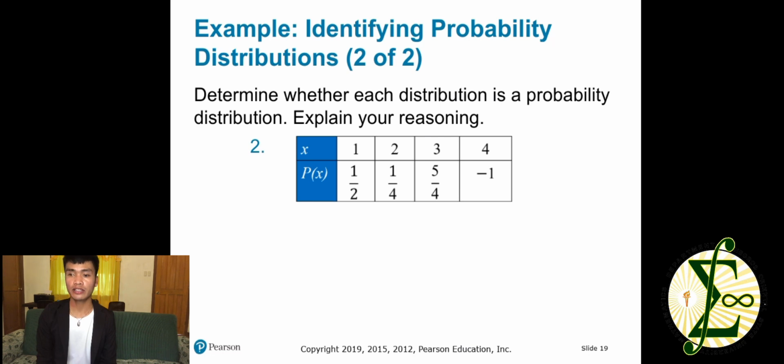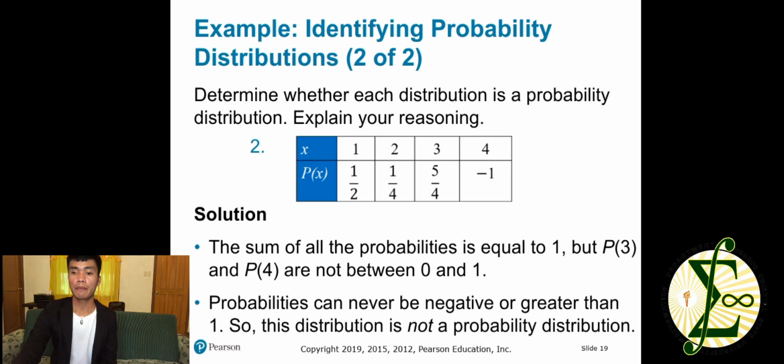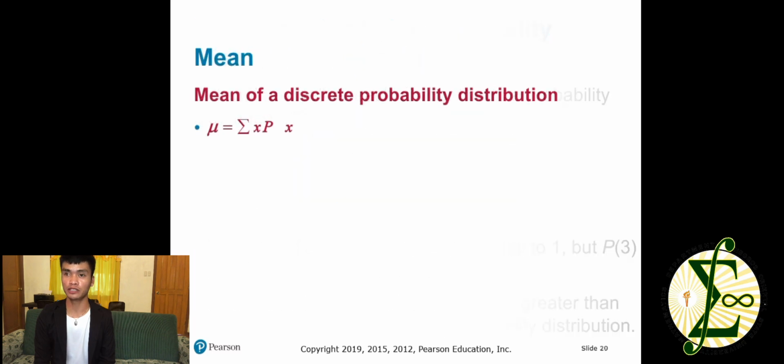And -1 is not within the range either. Thus, it does not satisfy the first condition, hence it is not a probability distribution. Though the sum is equal to 1, it does not satisfy the first condition. Probabilities can never be negative or greater than 1. So this distribution is not an example of a probability distribution.